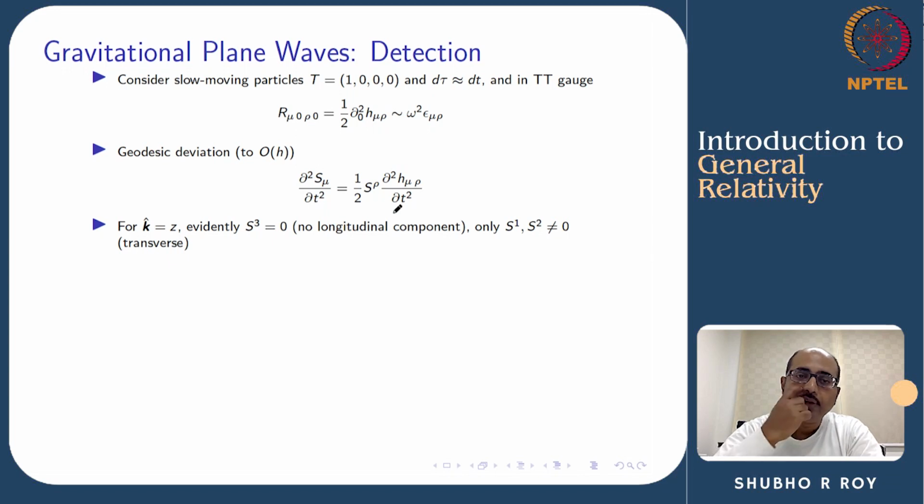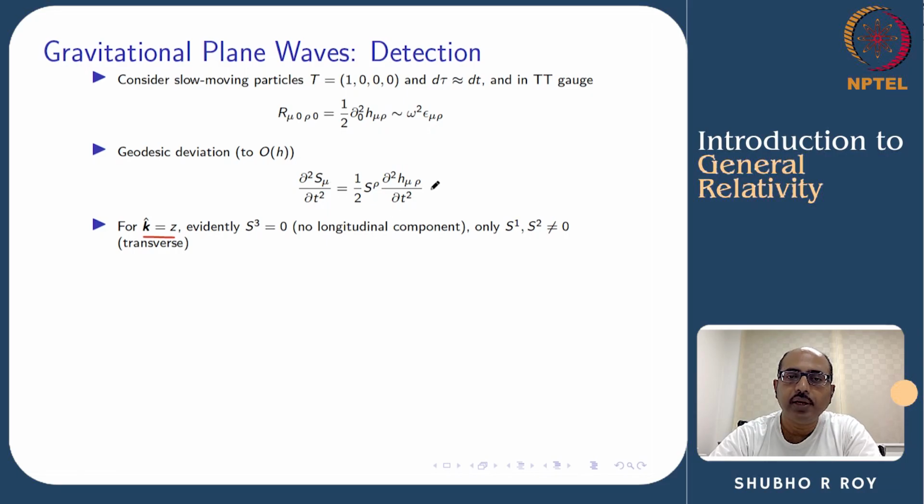Now, it is evident that if z is the direction in which the gravitational wave is propagating, then the geodesic separation in the z direction will not be there. Because gravitational waves are transverse waves, not longitudinal, it's kind of obvious.